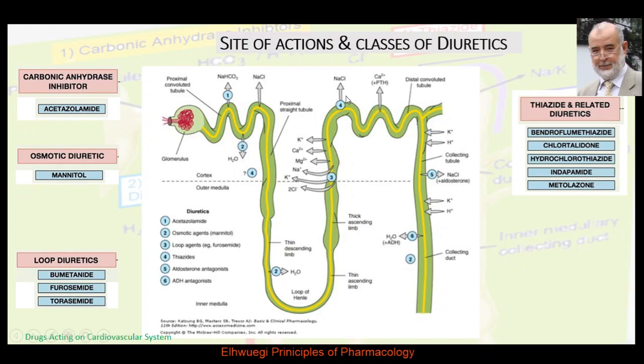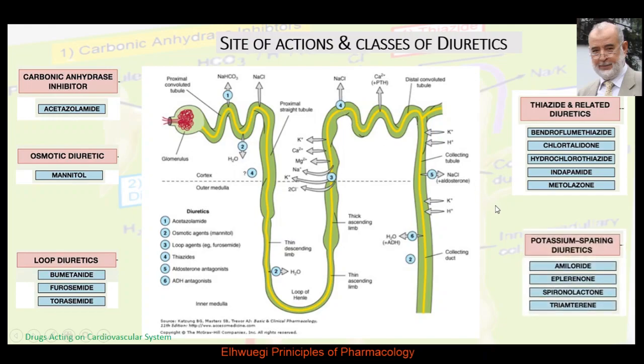These act at the distal part of the nephron, at the distal convoluted tubules. The last group we will talk about is the potassium-sparing diuretics, and the most famous prototype is spironolactone. These drugs act at the collecting tubules.